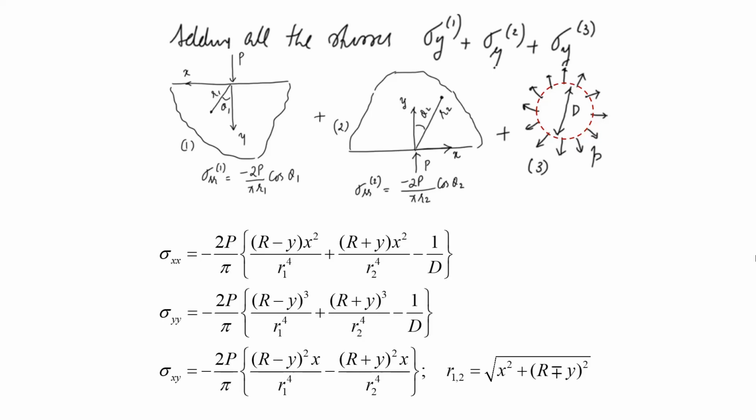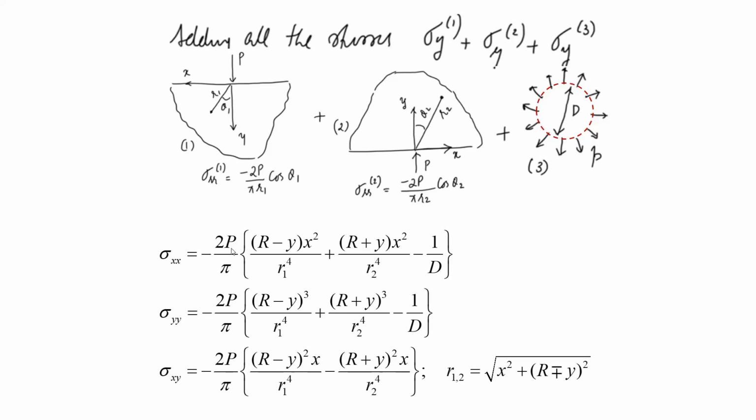And you will get the following stress field which I had given you earlier. Only one piece of information: in the earlier equations which I gave, you had an h here because P was the total load. Now P is the load per unit thickness. So that is the difference.